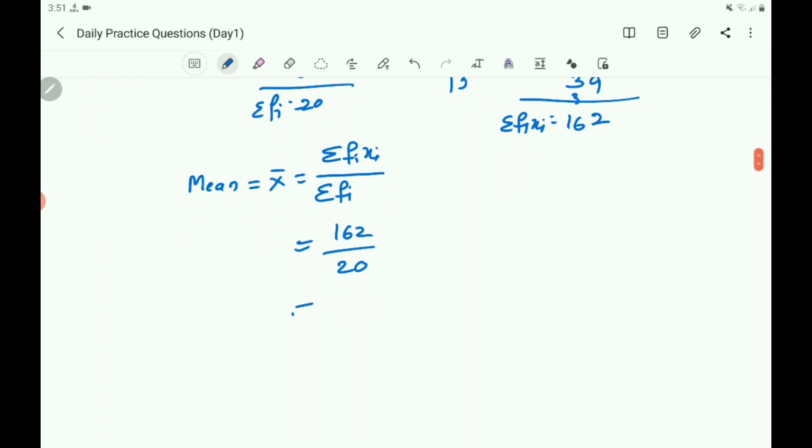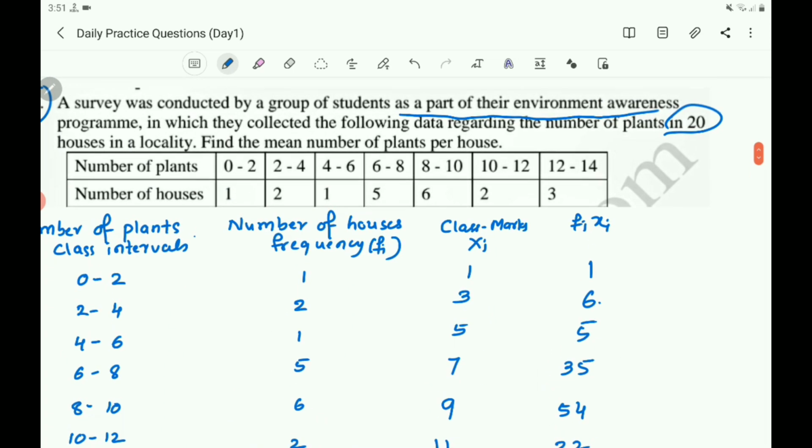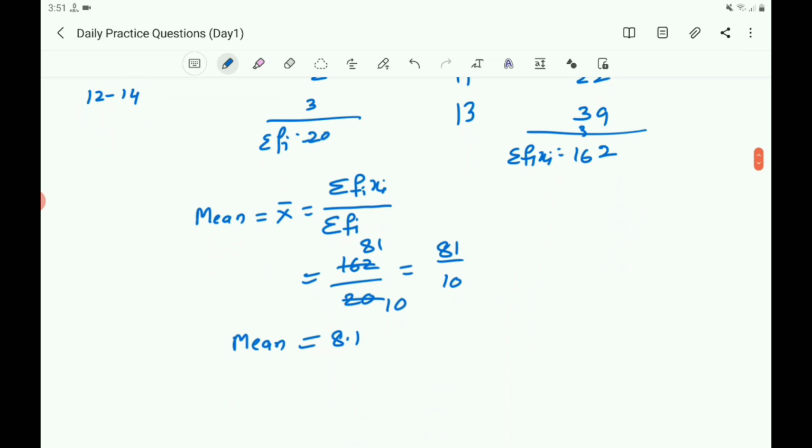You know that 2 tens are 20, 2 81s are 81 by 10, which is nothing but 8.1. So you got the mean, 8.1.